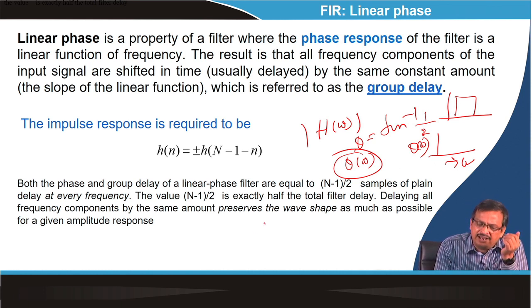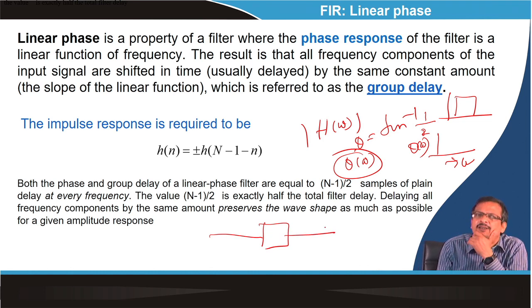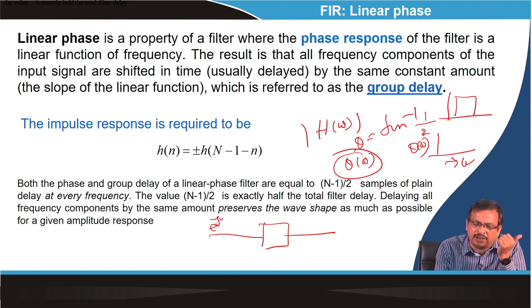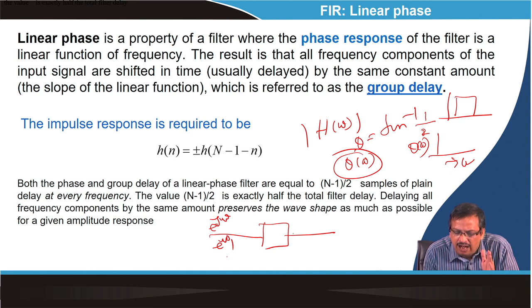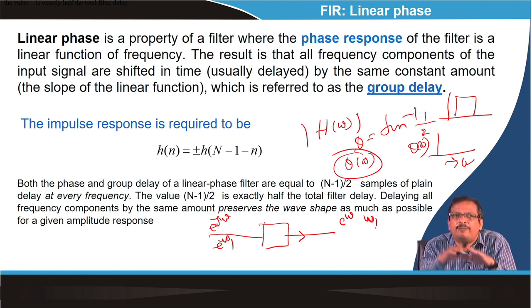Filter is nothing but a system. If the system doesn't support the linear phase criteria, then if I apply a signal e to the power j omega, where omega is a particular frequency, and another e to the power j omega 1, which is another frequency, and the phases are different, then at the output the phase is not predictable. I should not know what the output component will be.